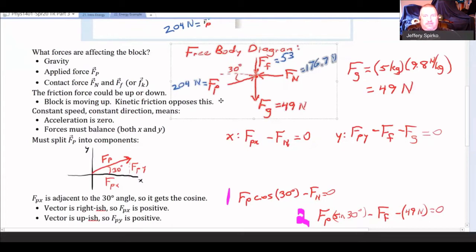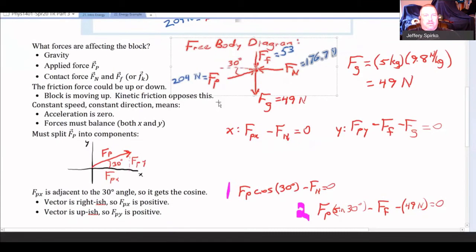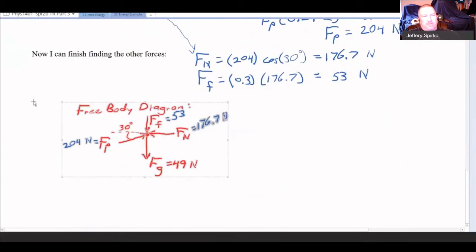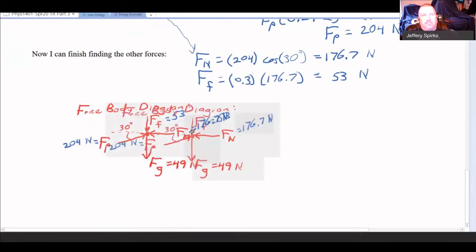All right, that seems to be what I want. There we go. There's my free body diagram. Actually, let me move this stuff over here.